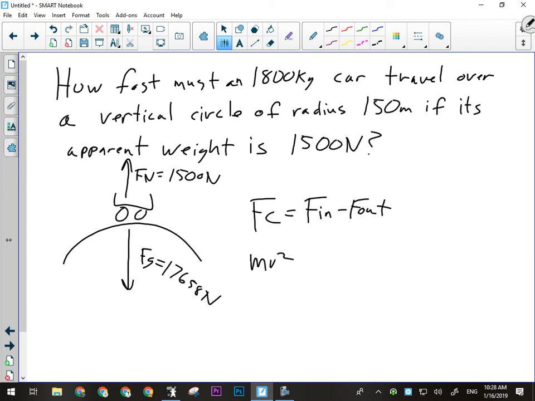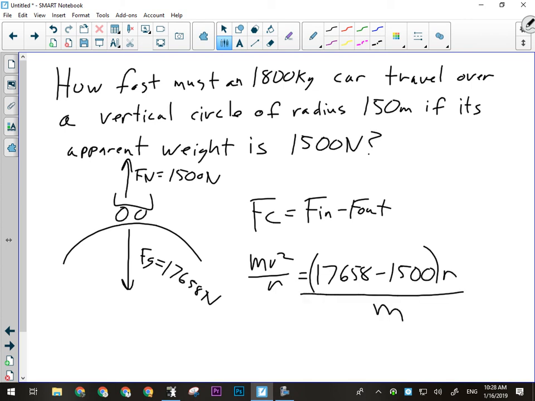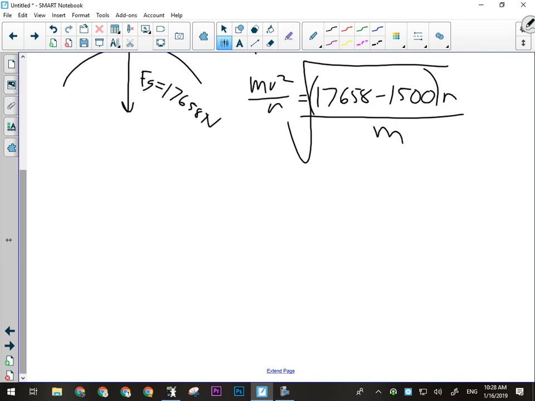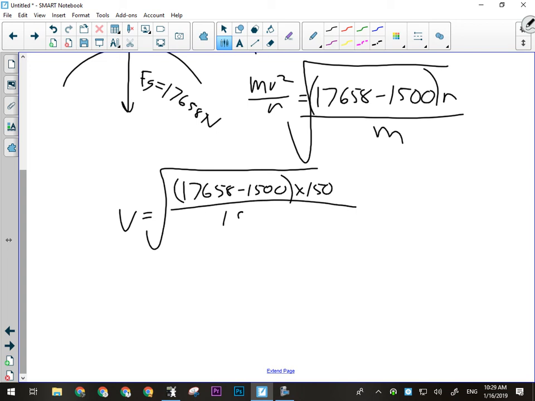So I've got mv squared over r equals m times g, which we've already done, so that's our 17,658 newtons, minus 1,500 newtons. Okay, so I want to get v by itself. So I'm going to multiply both sides by r, and then I'm going to divide both sides by m, and then I'm going to square root. So what I'll end up with is that v will equal the square root of 17,658 minus 1,500 times 150 meters divided by 1,800.